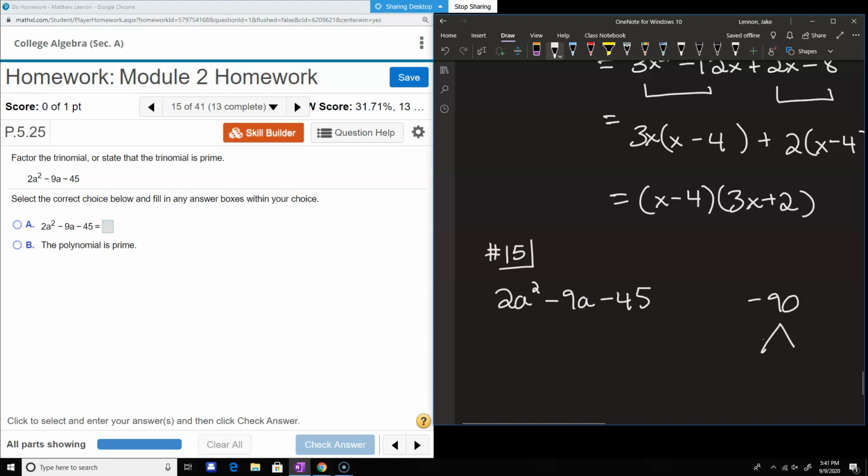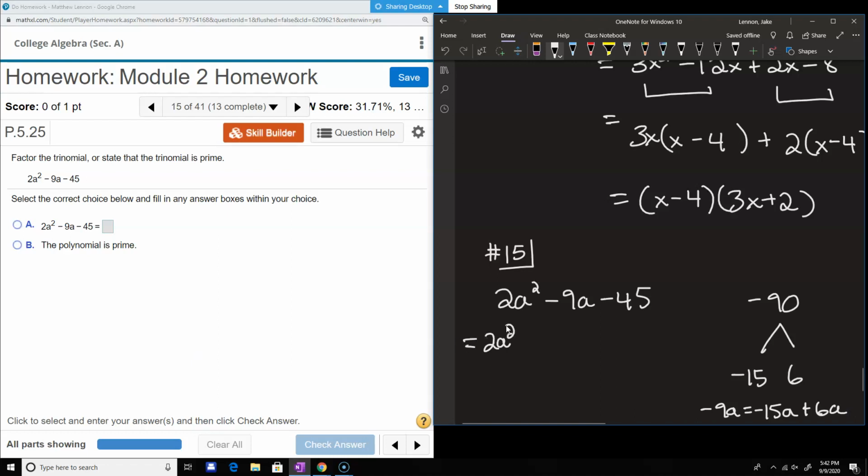Then we need two numbers that multiply to negative 90, but when you add them, you get negative 9. So 15 and 6, I think, are going to do the job there. We want minus 15 and a positive 6, so we know that we can write minus 9a as minus 15a plus 6a. That's how we split the middle term to get our two groups.